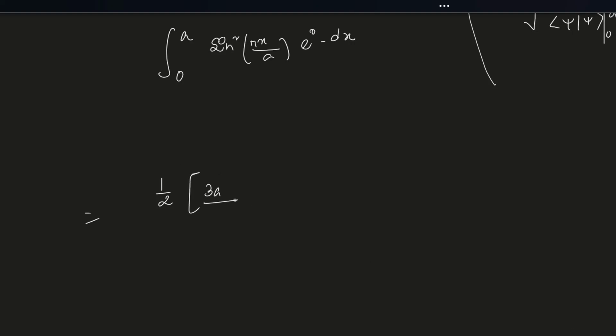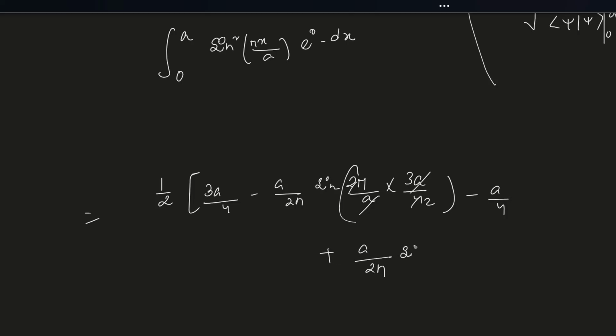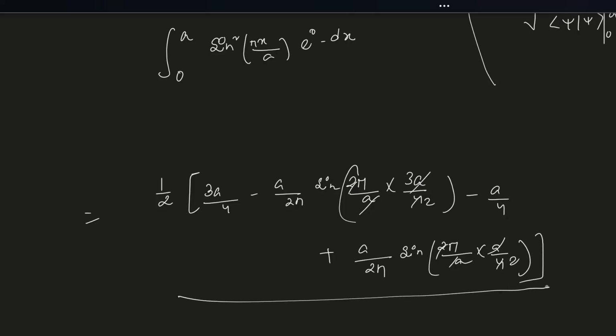So this is 3A by 4 minus A by 2 pi sine of 2 pi by A into x replaced by 3A by 4, so this is 3 pi by 2, sine 3 pi by 2, minus of A by 4, and minus minus plus is A by 2 pi sine of 2 pi by A into A by 4, which is pi by 2, divided by 0 to A, where this whole thing becomes A minus A by 2 pi sine 2 pi A by A, which is sine 2 pi, which is 0.